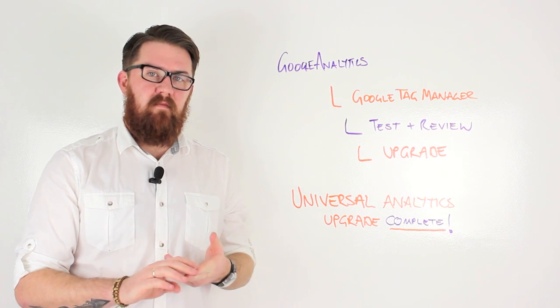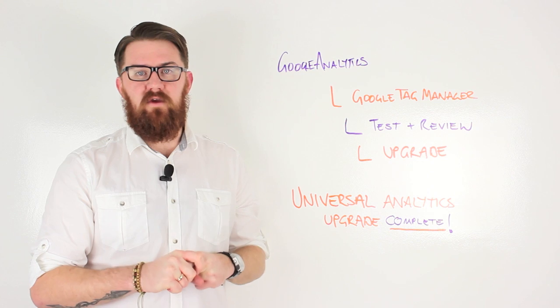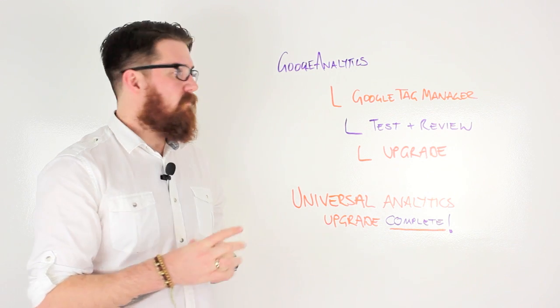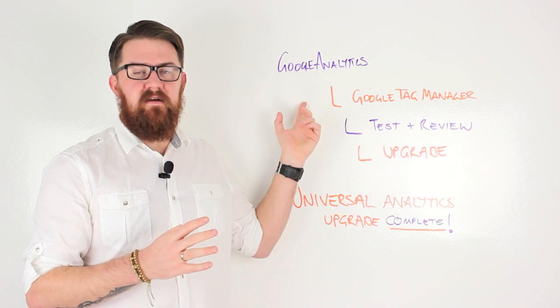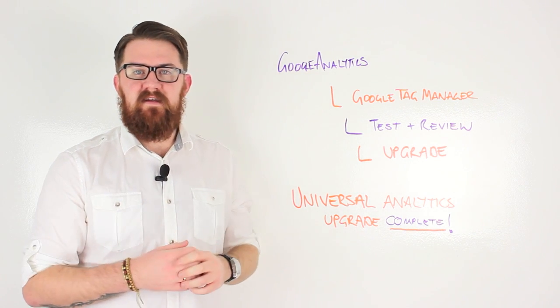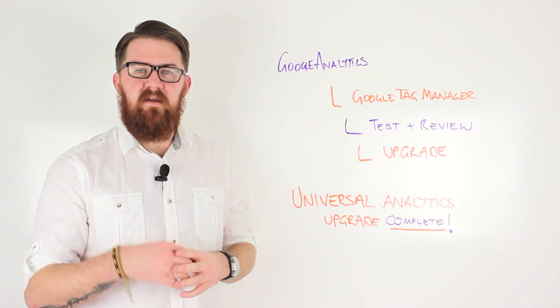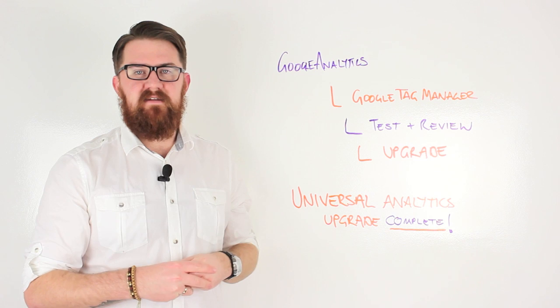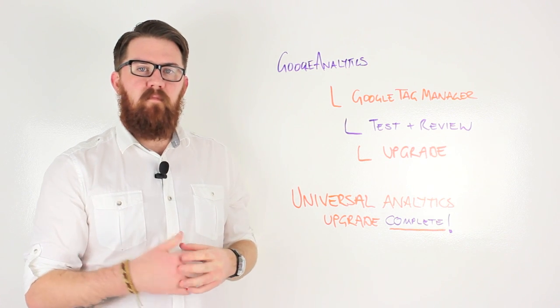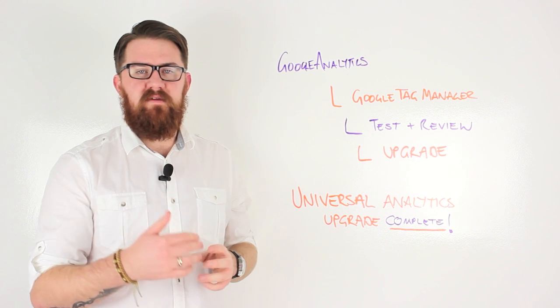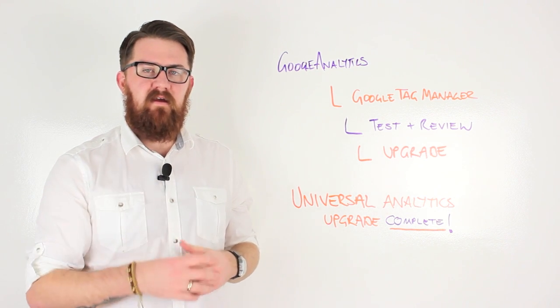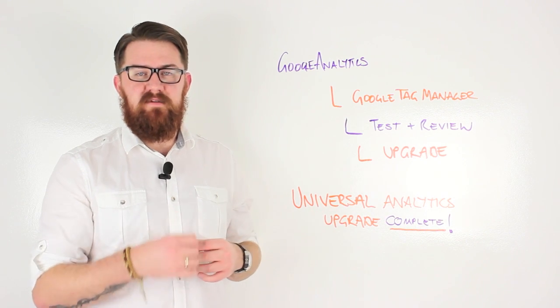So to do this, you're going to need Google Analytics. You're also going to need to set yourself up in Google Tag Manager as well. But first of all, in Google Analytics, you'll have your legacy property that is tracking your site data currently. What we're going to do is set up a new property that's going to run alongside that effectively as a test property.